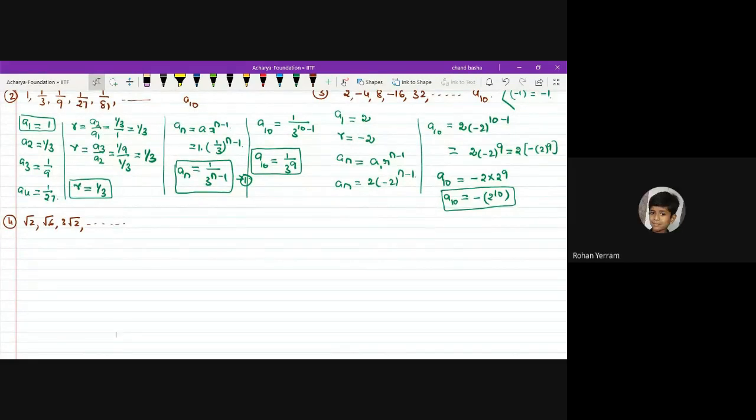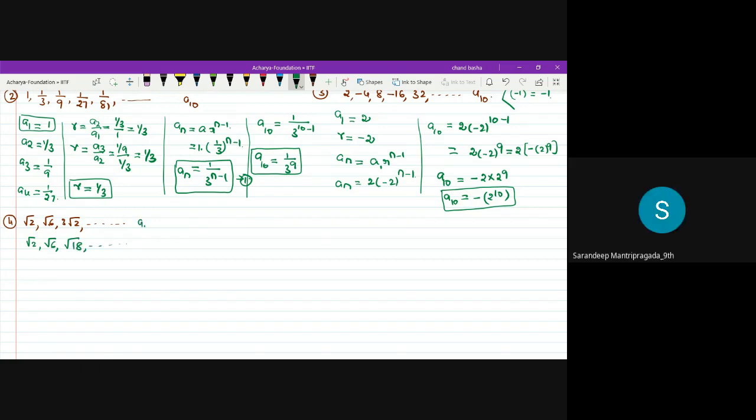Sir, what is square root of 6 divided by square root of 2, sir? Is it 3, sir? That's what you have to do, guys. Everything will be under the root. Even if you want, you can write this as root 3 finally. Yeah. So should we find the 10th term or which term? Yeah, the 10th term also, A10.